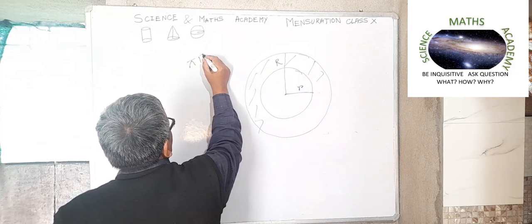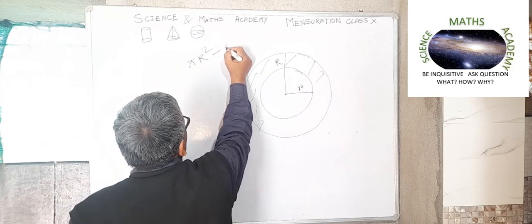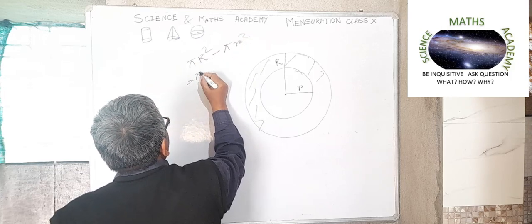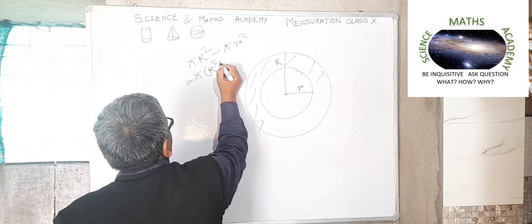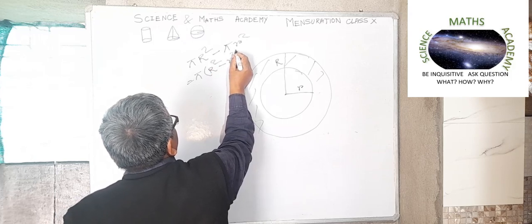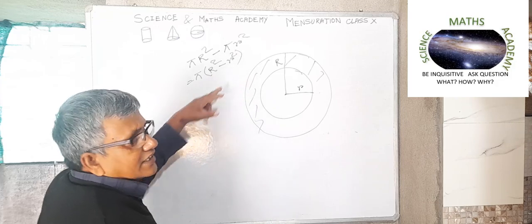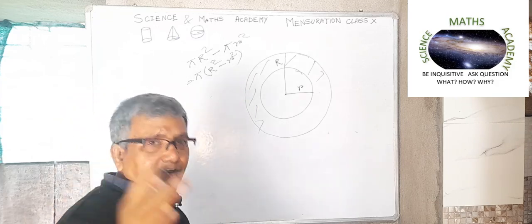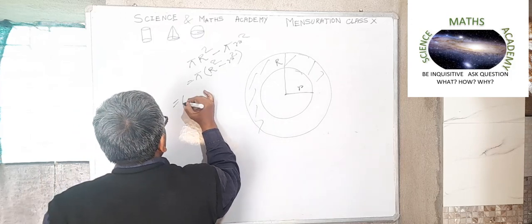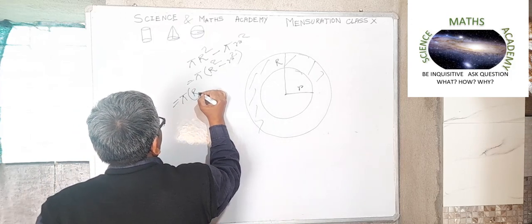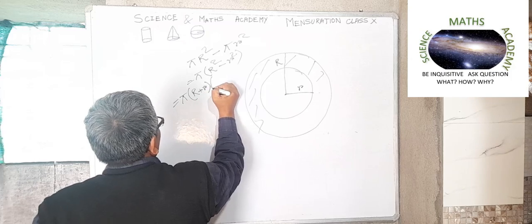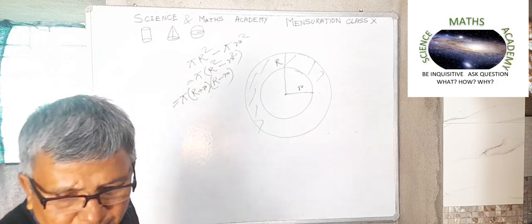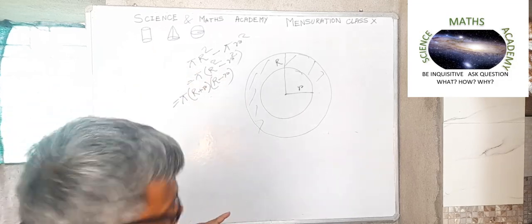Total area is pi capital R square minus pi small r square. You can take pi common: pi into capital R square minus small r square. Now we can use the a square minus b square formula, a plus b into a minus b: pi into capital R plus small r into capital R minus small r. This will be applied here, that's why I went through this.